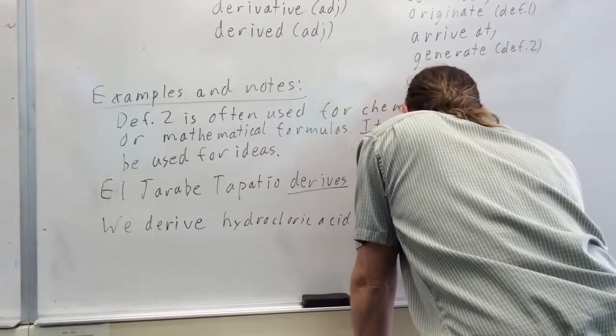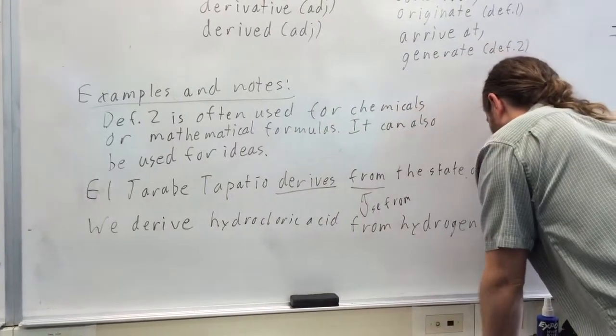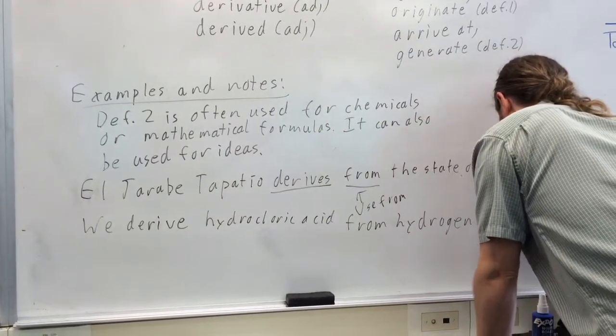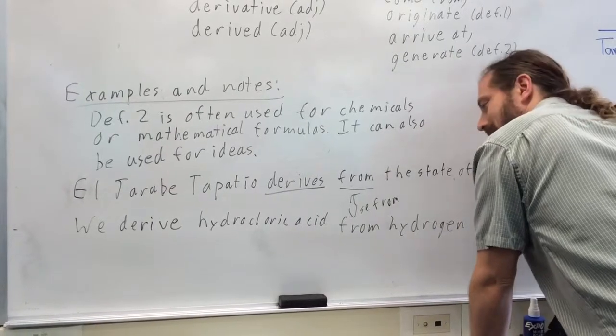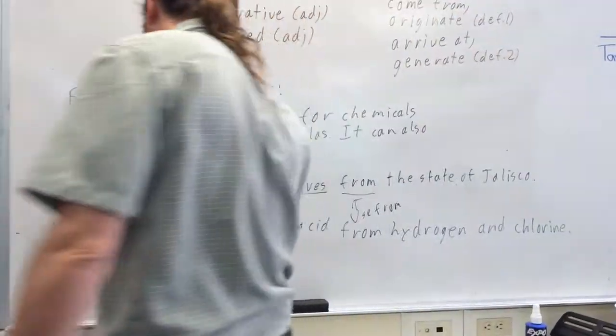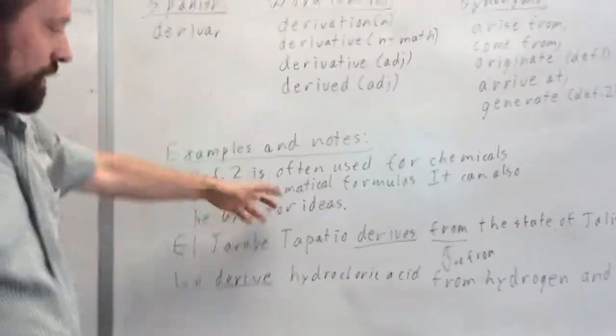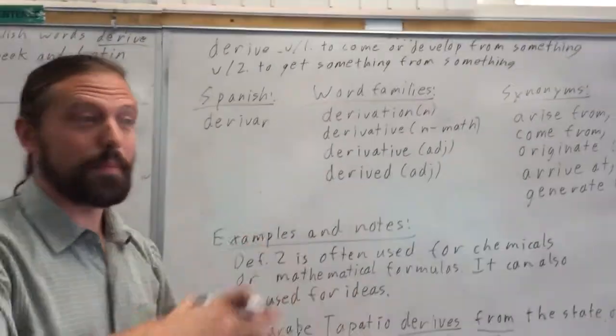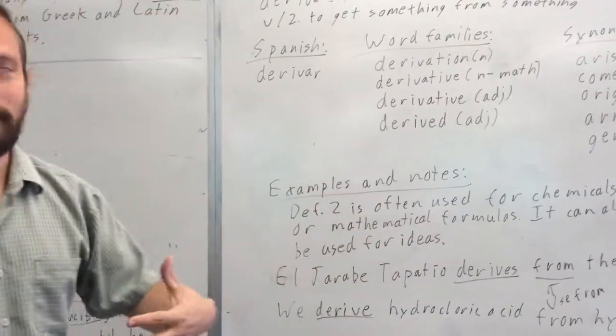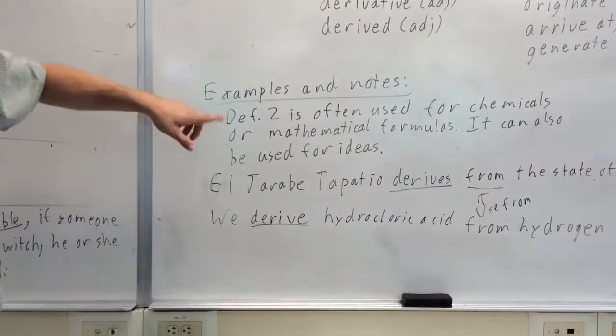I know those are things that are in it. I don't know if that's actually what you do. This is a good opportunity for people to go ask their science teacher if I'm wrong. But the sentence has the right idea, which is we derive, we get, we obtain this from the ingredients that we put in. So often used for chemicals.